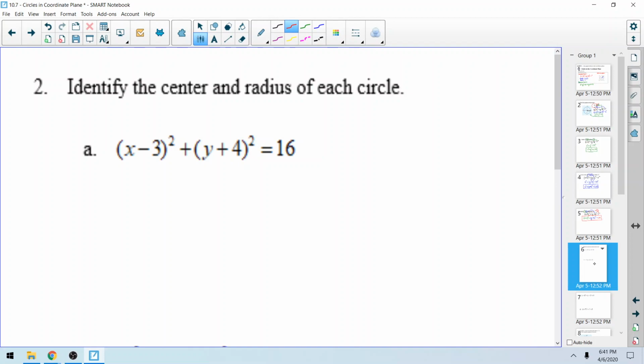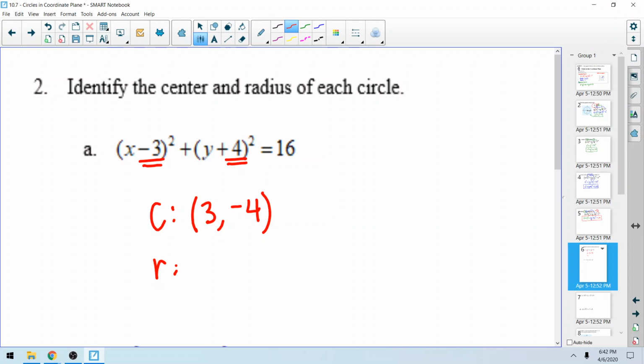Number 2, identify the center and the radius of each circle. Okay, so center, radius. So my center has something to do with 3 and something to do with 4. But keep in mind, we just talked, remember they both flip? So your center, instead of -3, is really at +3, and instead of +4 is at -4.